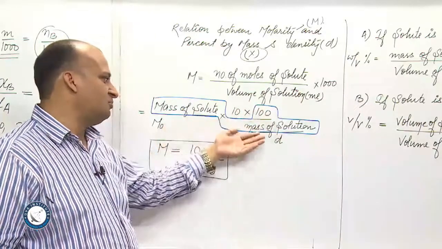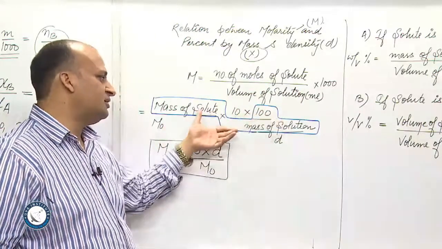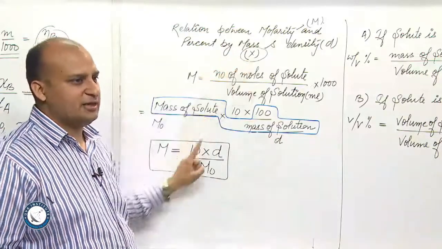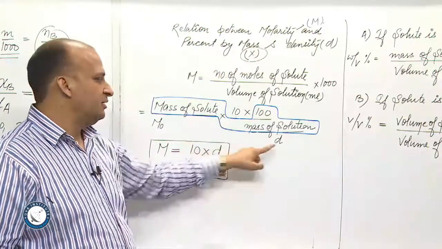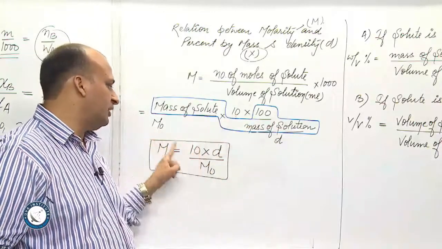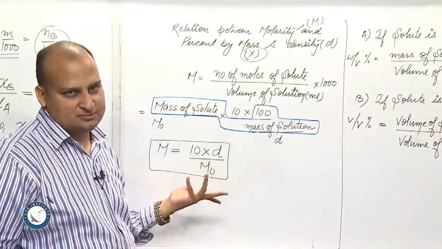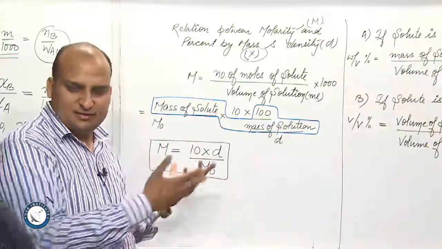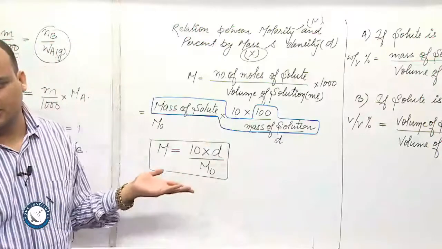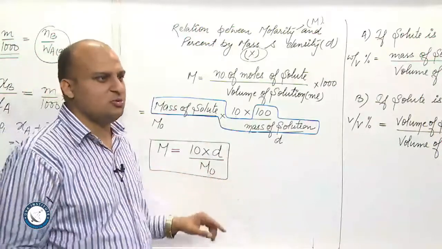So mass of solute upon mass of solution into 100 is weight percent, percent by mass, which I am writing as x. D goes in the numerator, 10 as it is, molar mass of the solute is as it is. Now there is nothing which I have to explain, it is something like a derivation. It is self-explanatory. Still, if there is any doubt you may ask.